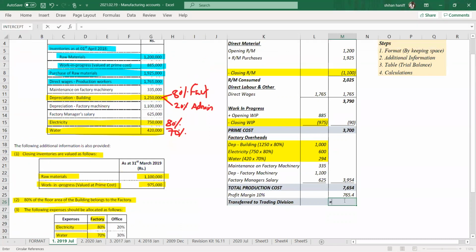The total transferred to the trading division is 8,419.4. Trading division means income statement. That's the amount we transfer to the income statement. In the income statement there will be opening finished goods plus this amount transferred from the production department minus closing work in progress.